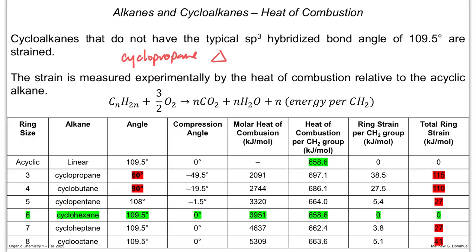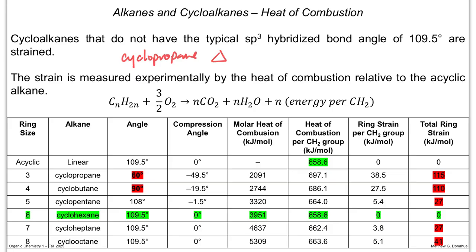There's 3 CH2 groups. So the internal CCC angle is 60 degrees. So for any triangle, the internal angles have to equal 180.